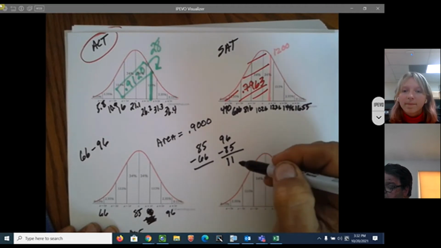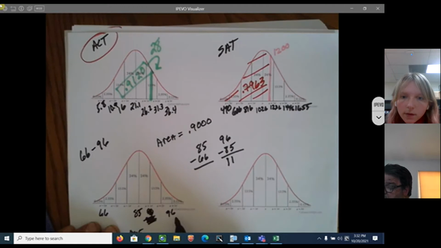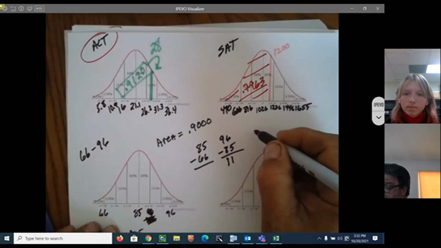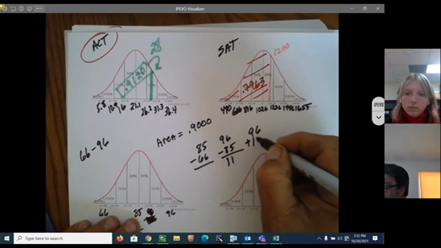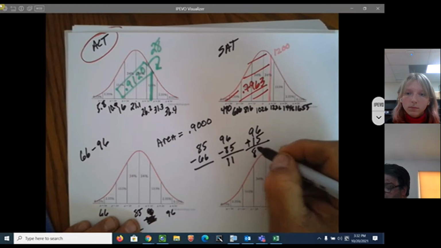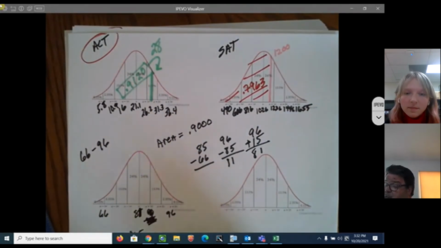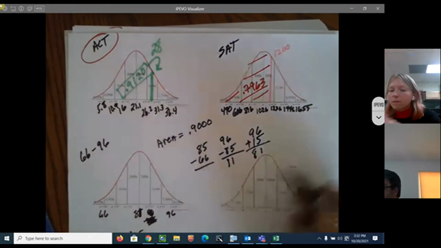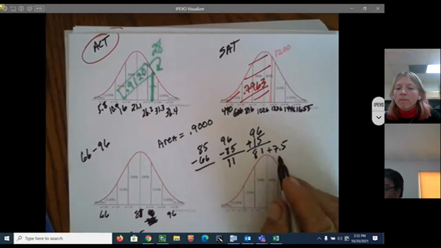Yes. Then this is wrong. 96 minus 15 is 81. 81 should be in the middle. That's why I couldn't get it to come out right. Now 7.5 added to 81 is 88.5.